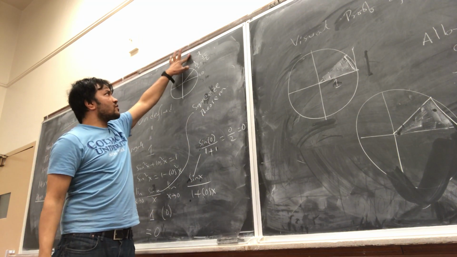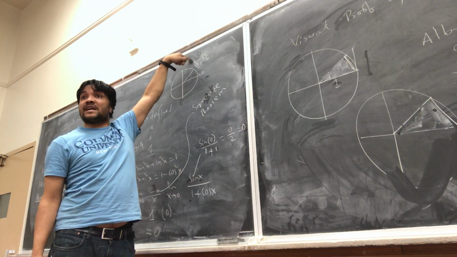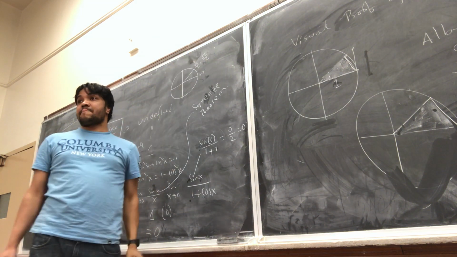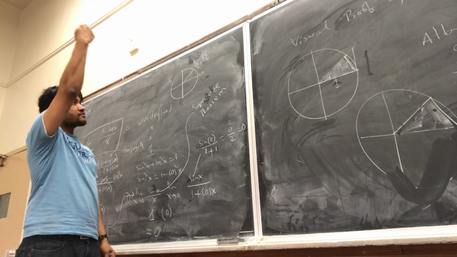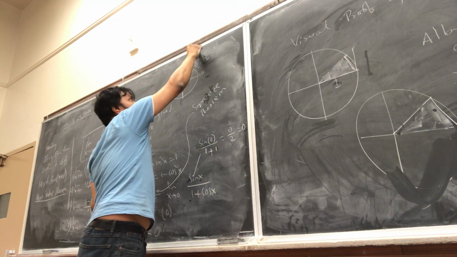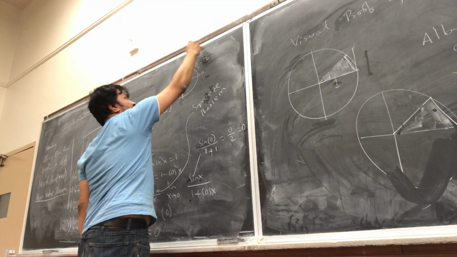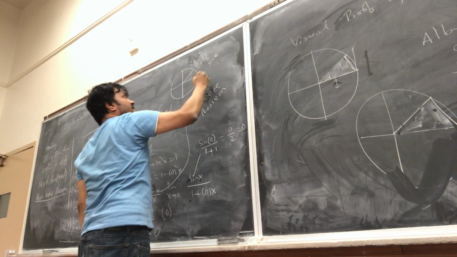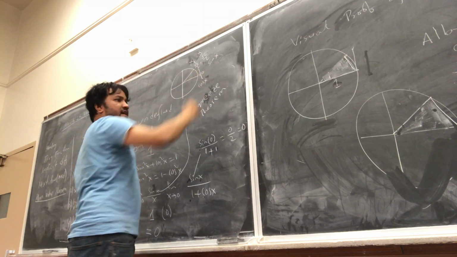However, you can also call this one cosine, this one sine. So the height, the y, is sine. So y is sine x, and x is cosine x.